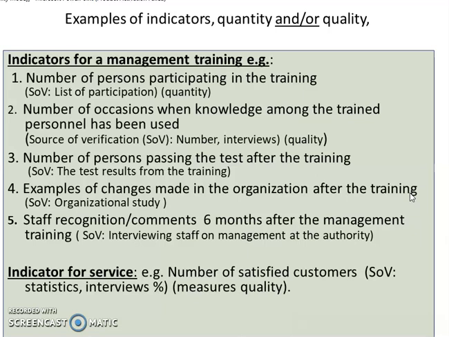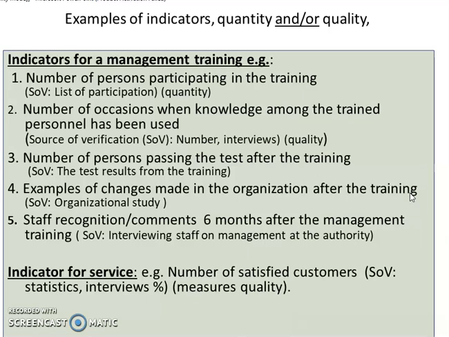Another is the number of occasions when knowledge among the trained personnel has been used. For example, the source of verification could be interviews, and so forth. So the number of occasions when knowledge among the trained personnel has been used can be achieved this way. Another is the number of persons passing the test after the training. Source of verification: the test results from the training, and so forth.